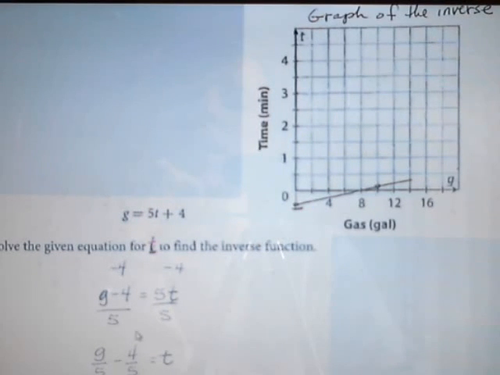So if you were to graph this, if you begin down here, it would be 0.8, which seems odd because you can't start out with less gas. But anyway, that would be the graph of it. And it goes up 1 and over 5. And your domain is 4 to 14.